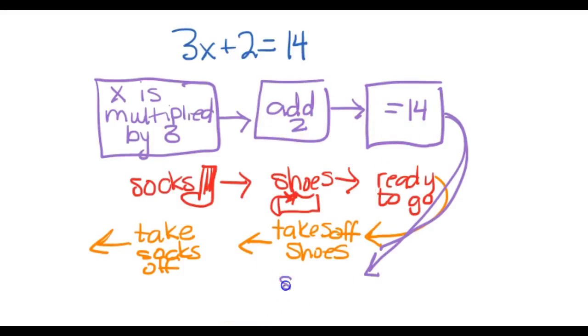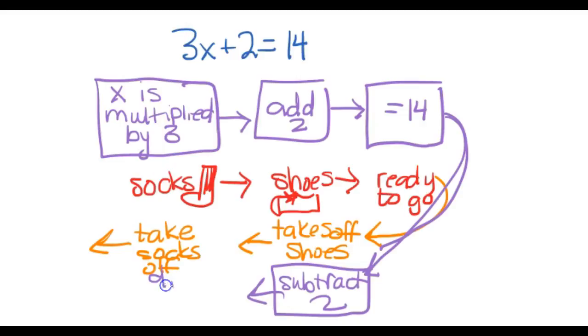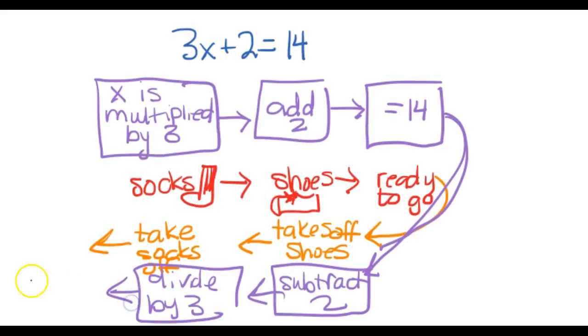So this is going to be a subtract 2. Then I can undo my multiply by 3, which is divide by 3, which will take me back to where I started. My x is going to be equal to 4.